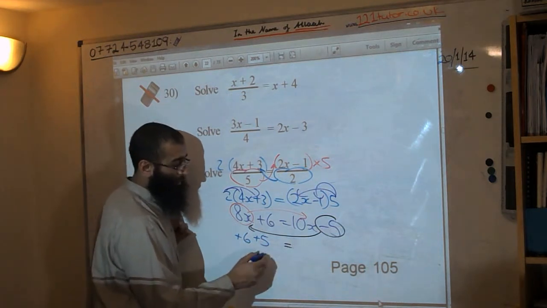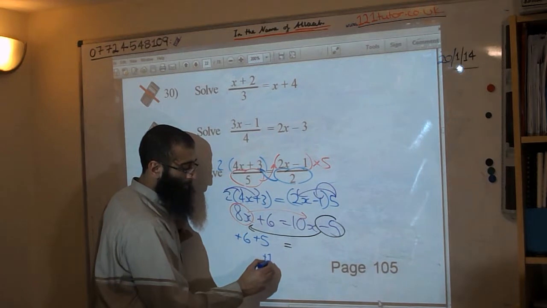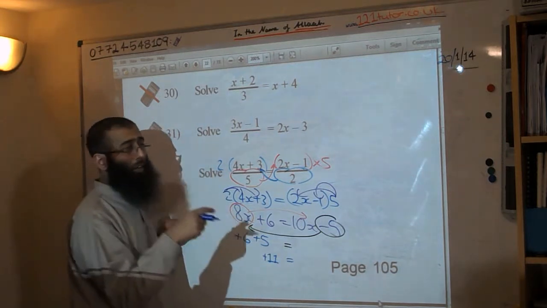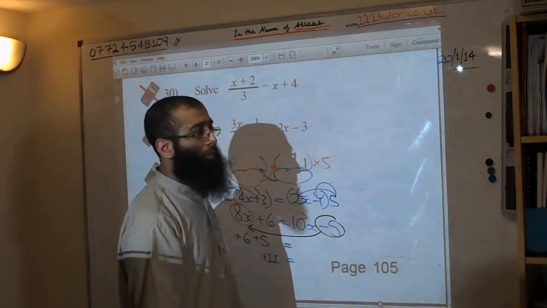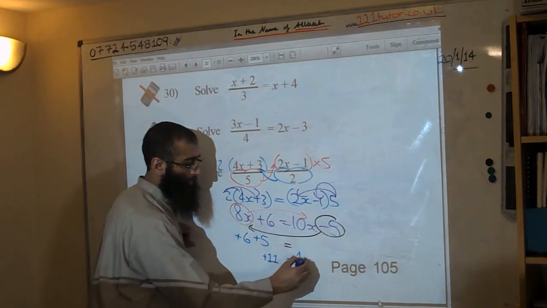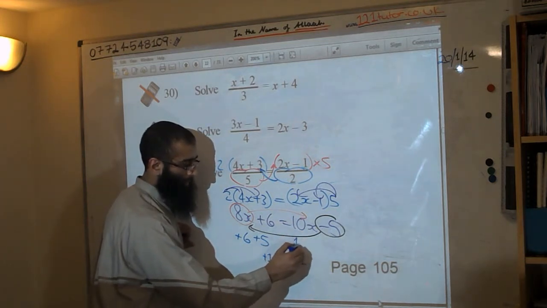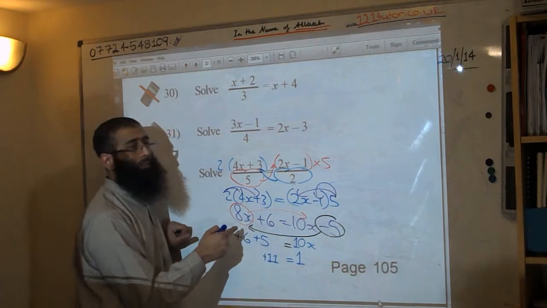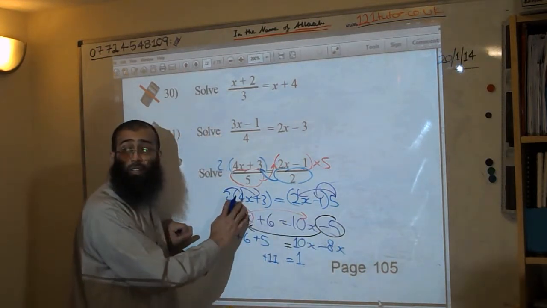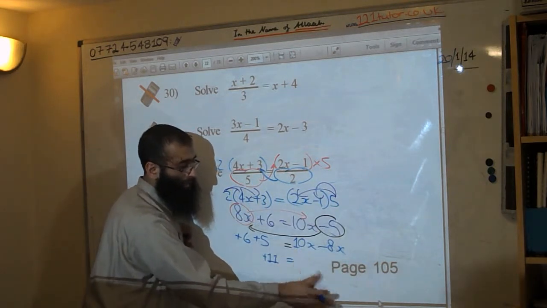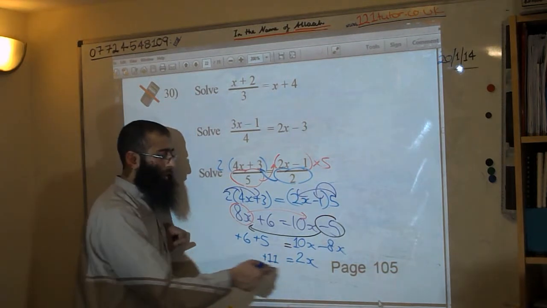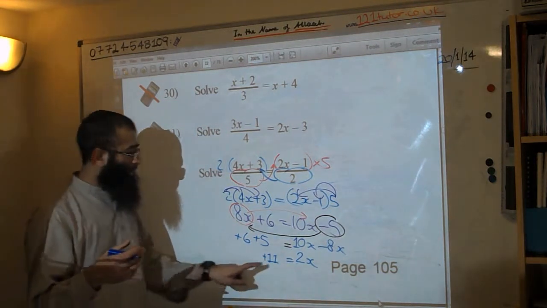So plus 6 plus 5 gives a total of plus 11, is equal to 10x, and it's going to be joined by 8x, which becomes minus 8x, because when we change side, we change sign. So 10x take away 8x gives a total of 2x. So 2x equals 11.